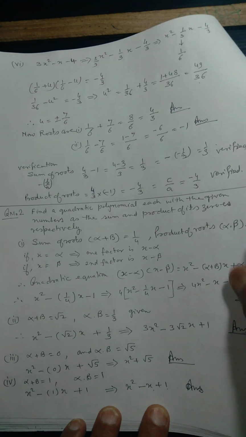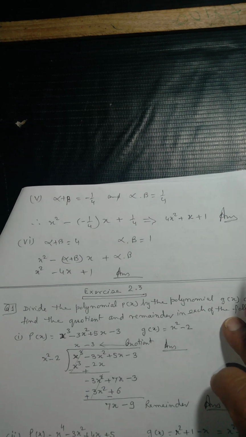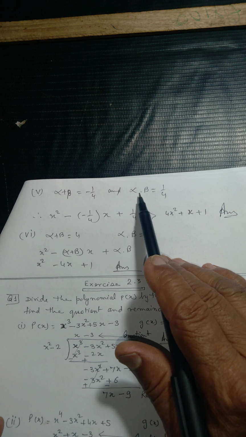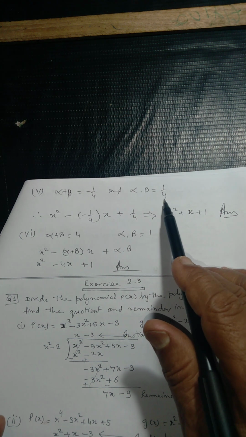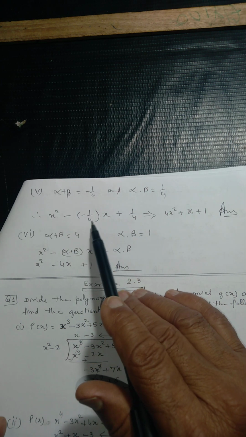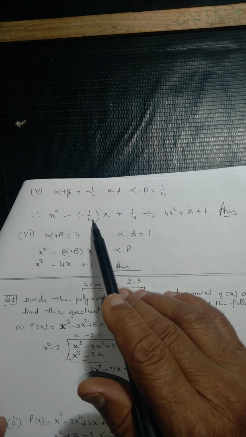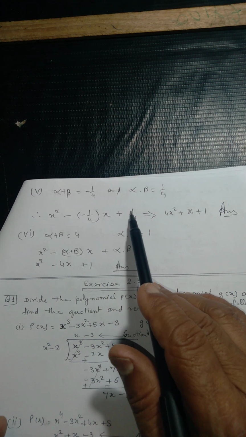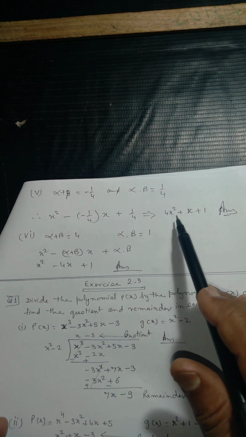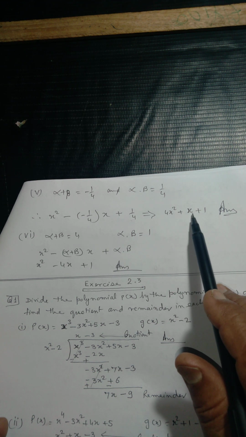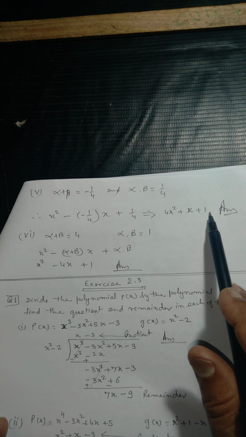Now proceed to the fifth part of the same question. That is alpha plus beta is given, that is minus 1 by 4 and alpha into beta is 1 by 4. So x square minus, inside the bracket, write down the sum of the roots, that is minus 1 by 4, x plus the product of the roots. You just solve it, you will get 4x square plus x plus 1.